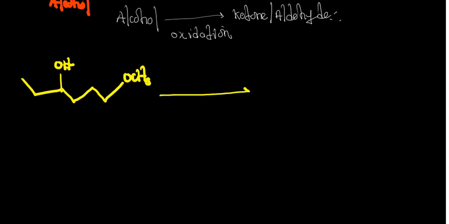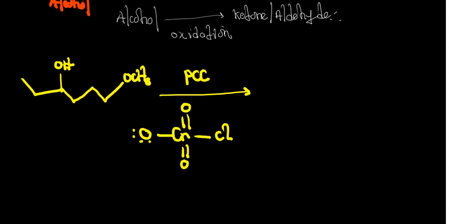One thing that we must know about PCC is that it has a structure of its own. The structure of PCC is this: Cr, which is double bonded to two oxygens. So there's a double bond to oxygen here, and there's another double bond to oxygen, then a chlorine, and then it's also connected by a single bond to another oxygen, and then we have our negative charge there.